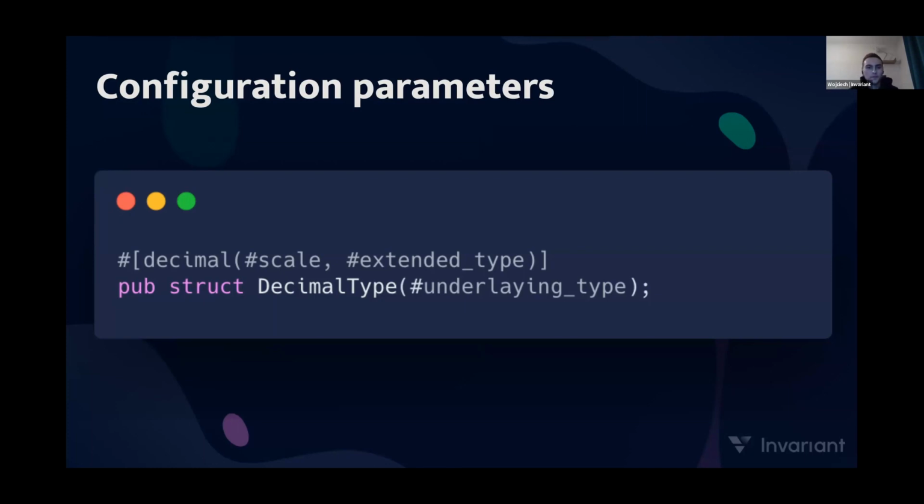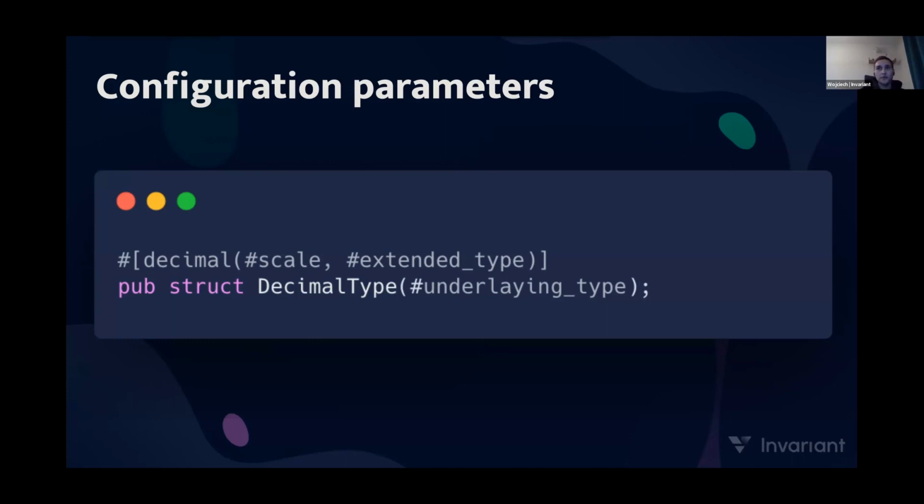Okay, then back to the topic, the configuration parameters. If you want to define your own type, you have a few parameters here. Starting with hash in this example, the key parameter here is the underlying type, which represents the basic data type of the stored value.